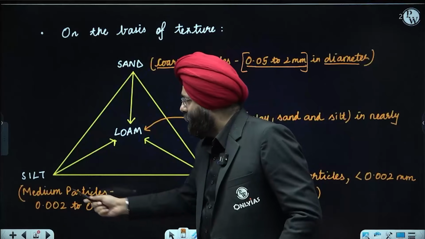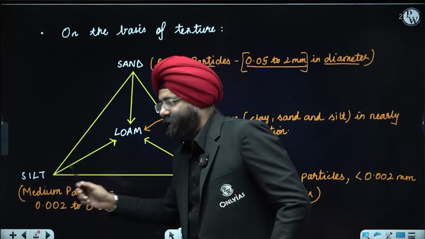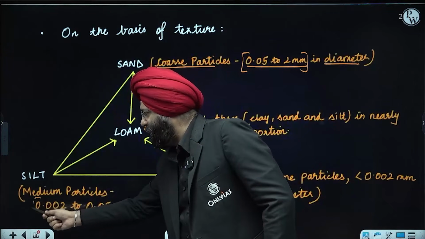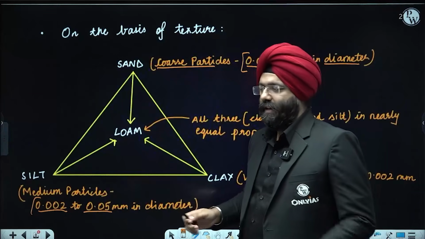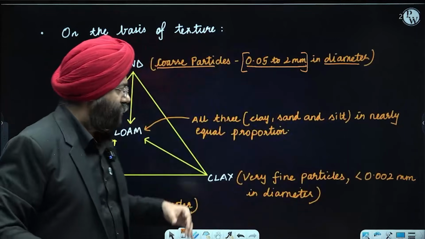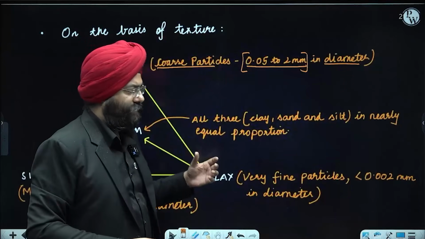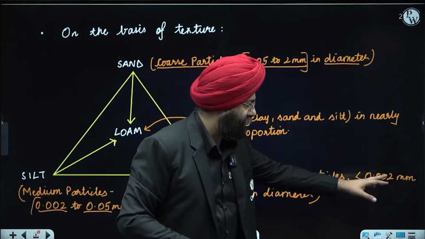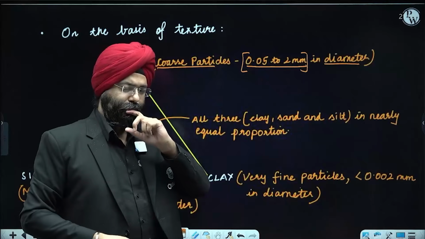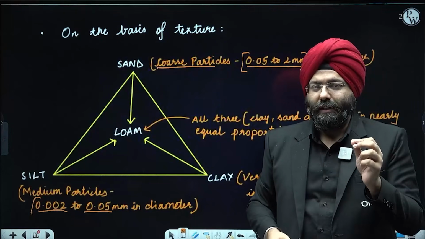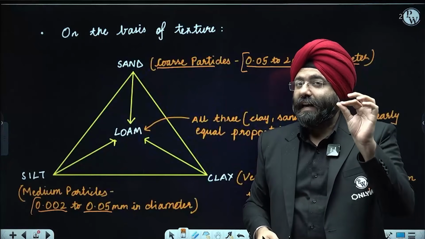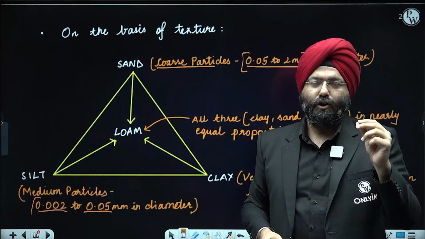These are medium particles, where the diameter will range from 0.02 to 0.05 millimeter. Then you have the clay. These are very fine particles, less than 0.02 millimeter in diameter. So this is a classification based on the texture, the size of the particles present in a particular soil.